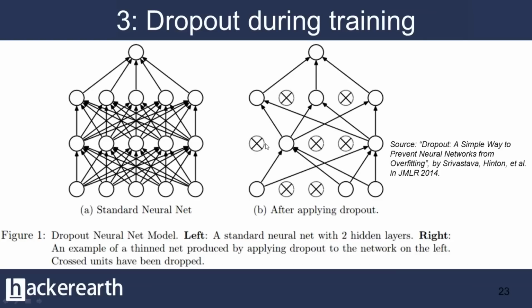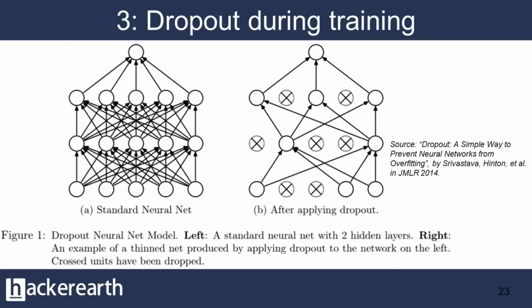So when a neuron is dropped out, its input connections also don't exist. In a way, if you think of it, you are basically training many networks. With random dropout, you would have one network, and then in the next training iteration, different neurons are dropped out.